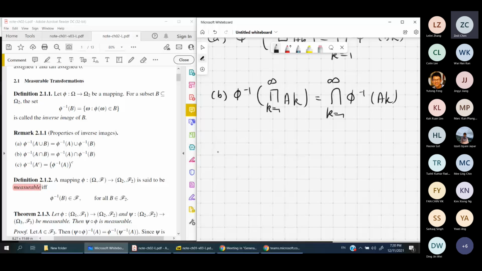If you want to use our language to describe this, it will be like this.